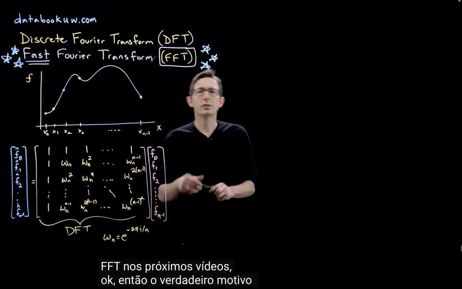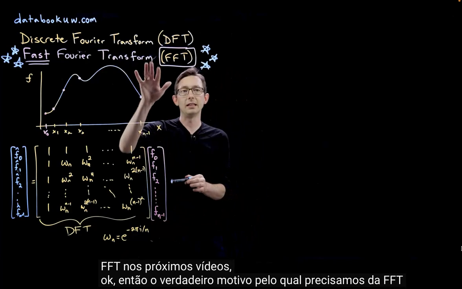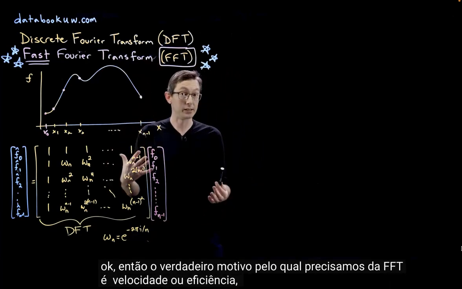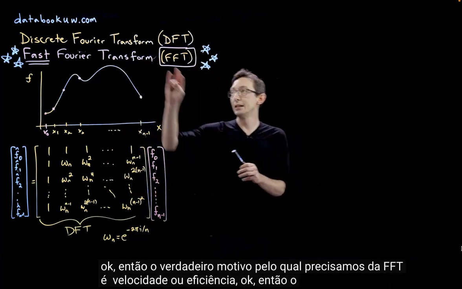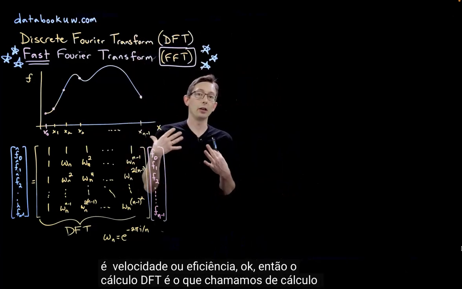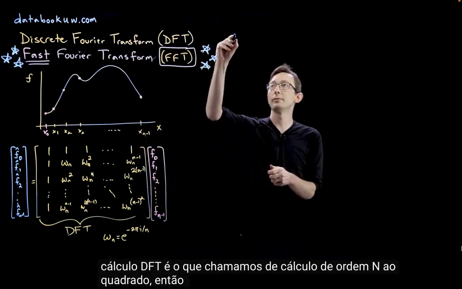Okay? So the real reason we need the FFT is speed or efficiency. So the DFT calculation is what we call an order n squared calculation.